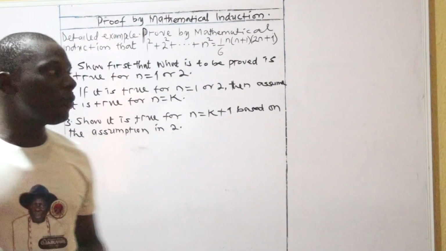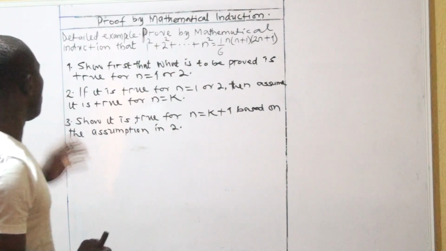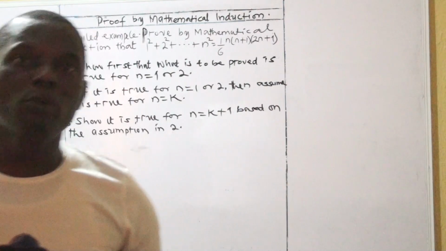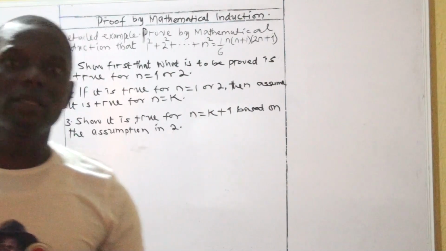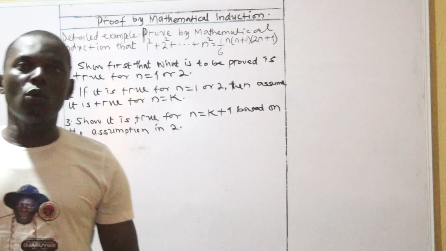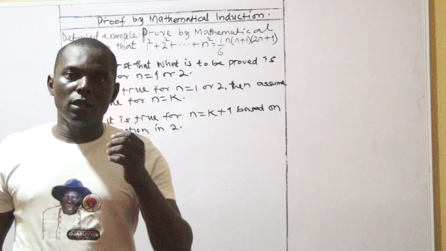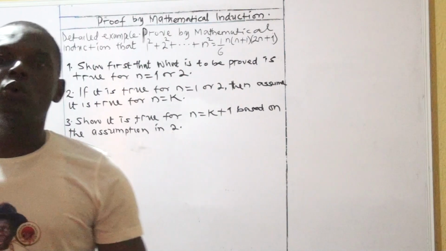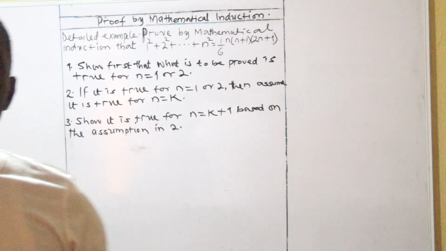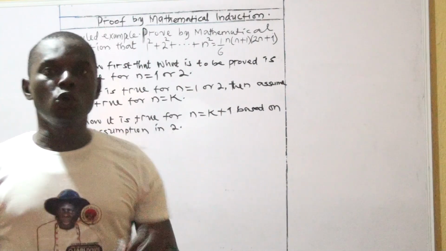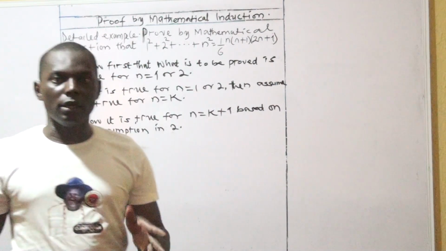The first thing you have to do in proof by induction is to show that what is to be proved is true for n equals 1. Secondly, you have to assume that since it is true for n equals 1, it is also true for n equals k.